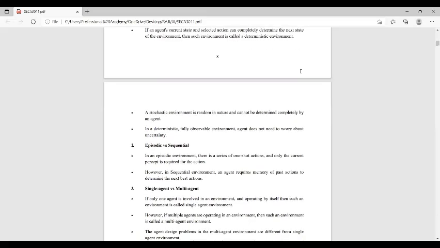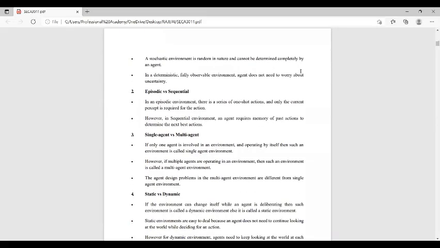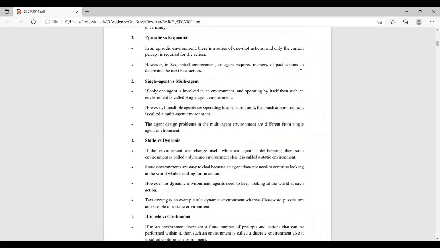If you can't determine the next state of the environment, because it is random in nature, then it is a stochastic environment. So a deterministic environment is fully observable, whereas a stochastic one is not fully observable.